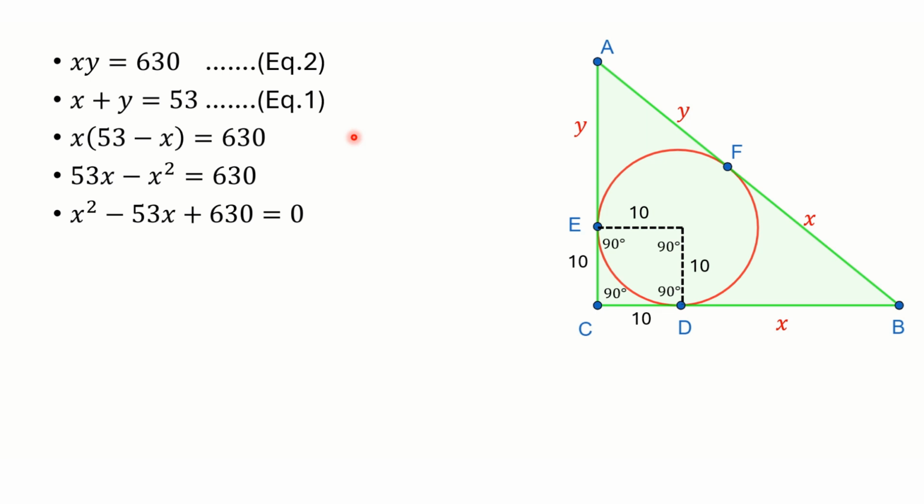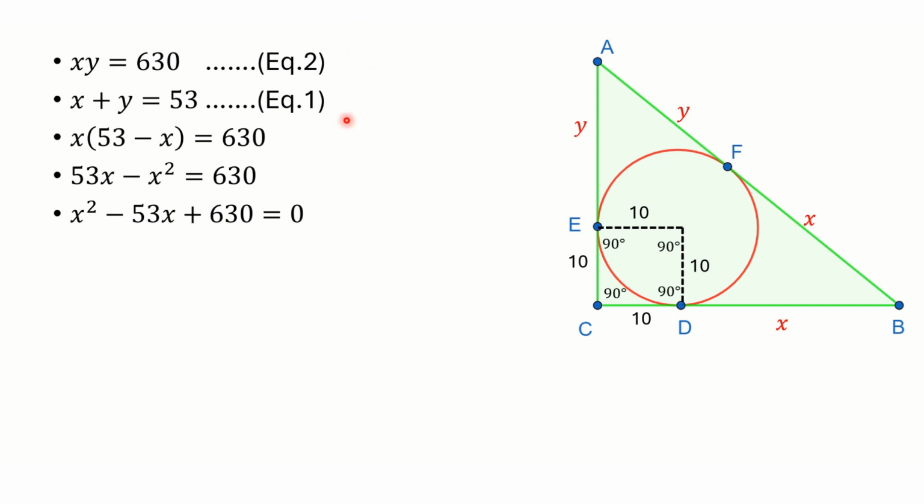Now if you remember, if you have a quadratic equation ax square plus bx plus c equals 0, the root of this equation is given by minus b plus minus the square root of b square minus 4ac, divided by 2a. In this case, a equals 1, b equals minus 53 and c equals 630.